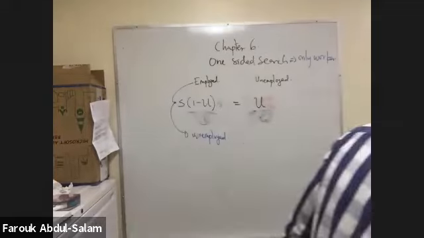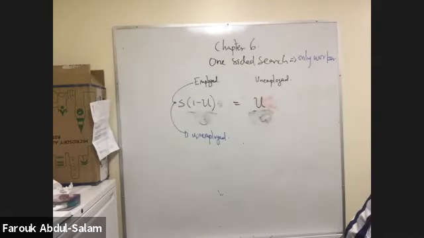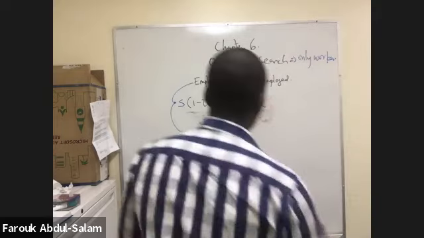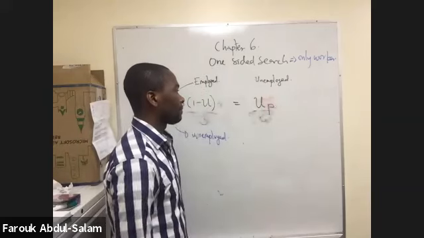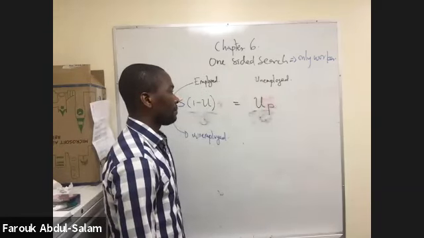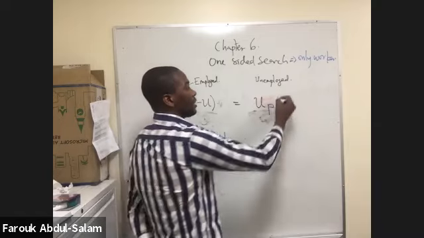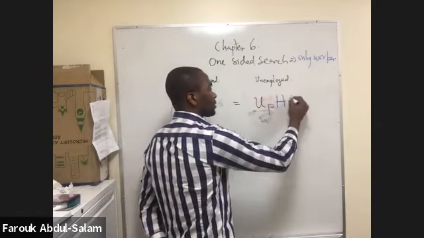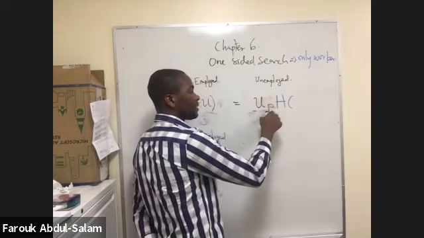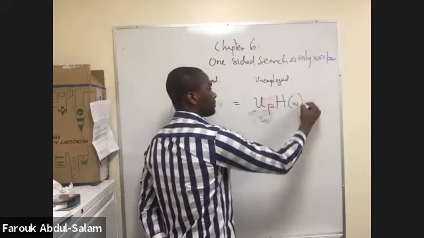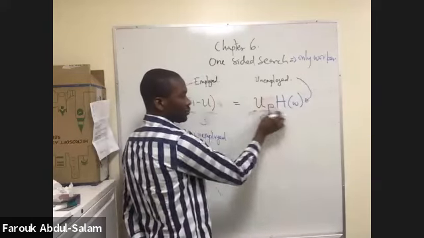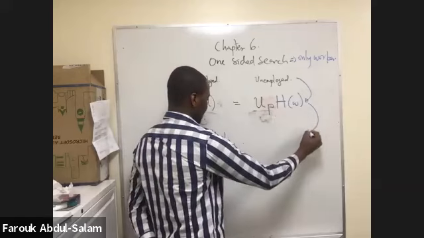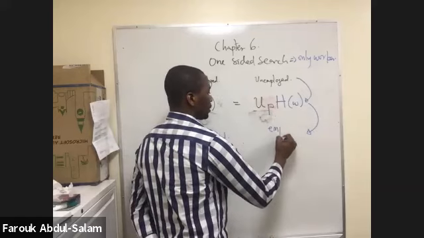But the whole idea here is that we still have a P playing a role, correct? You receive an offer, P. But when you receive an offer, you have to accept it or not, which is H, the rate at which you accept the offer that comes to you, which is a function of W. So when you multiply U with these factors, you end up getting what we call employed.